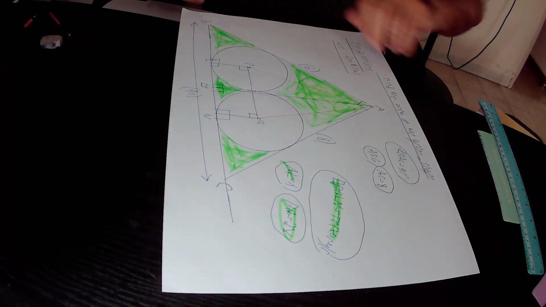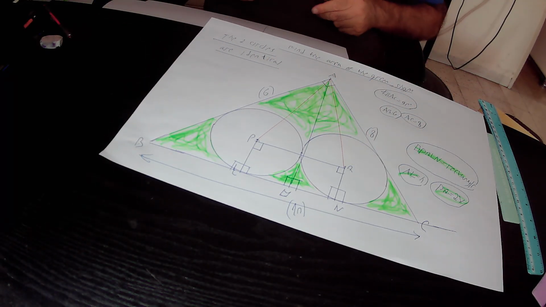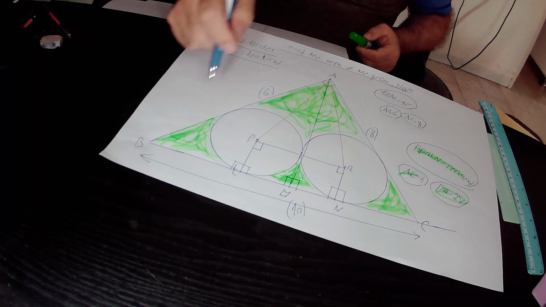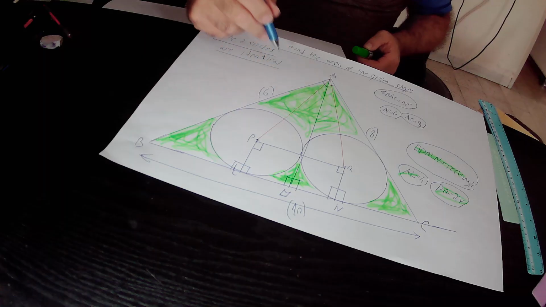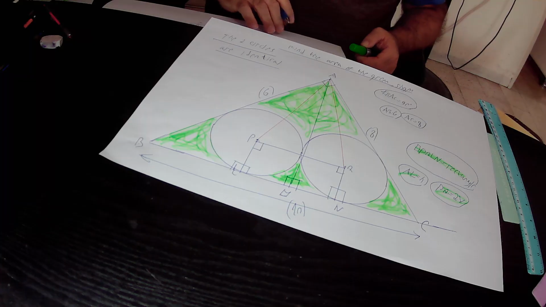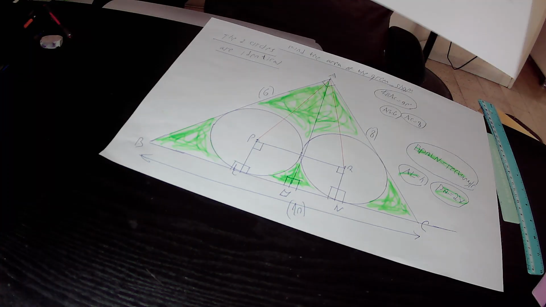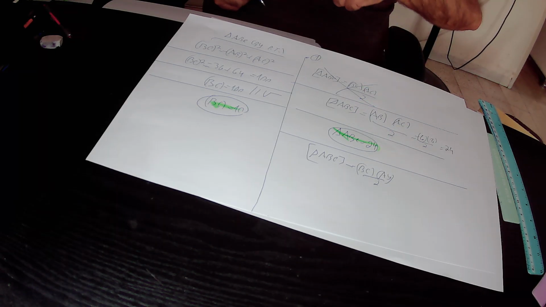Thereafter, the area of triangle ABC equals the base BC times the height AY over 2. In total, the area of ABC equals the base BC times the height to the base AY over 2.